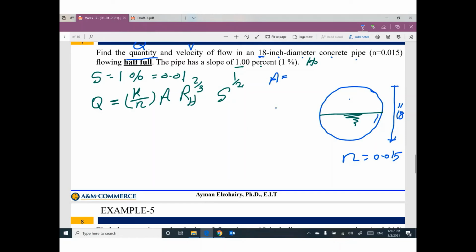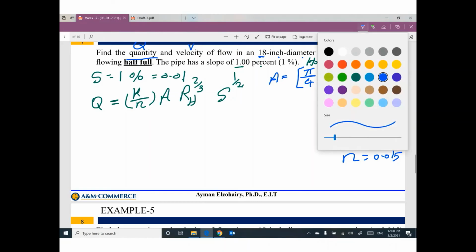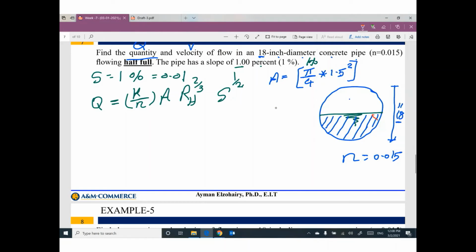Anybody can tell me what is the value of this half circle? Yeah, I can tell you what is the area of the circle. Pi divide 4 times this diameter. Make sure your diameter in feet. 1.5 square. This is the area of the whole circle. But we are looking for area for flow only.